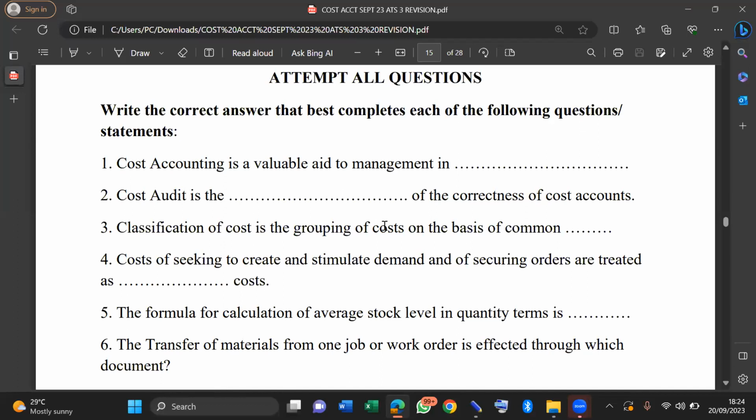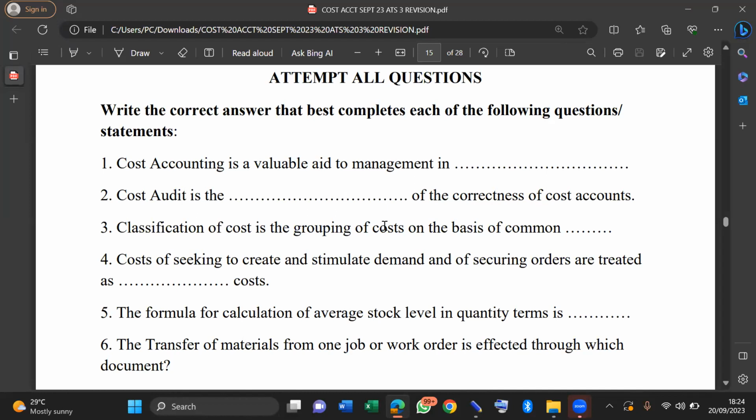Decision making, sir. Why are we choosing decision making? In the objective, you made mention of management. As far as management is concerned, it's valuable for them in decision making, sir.